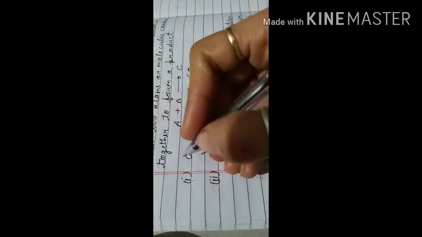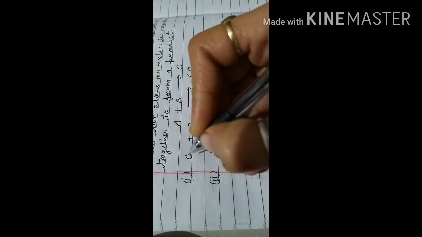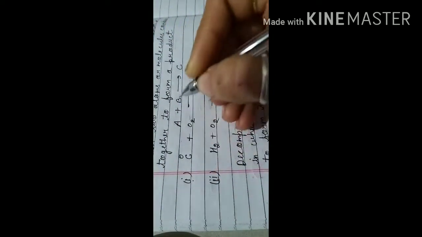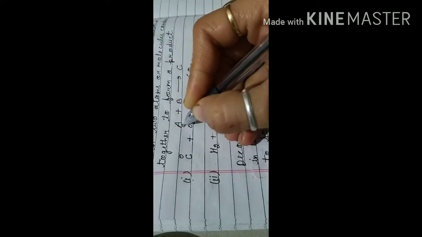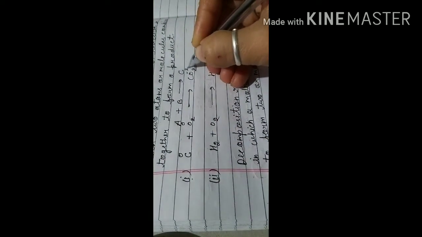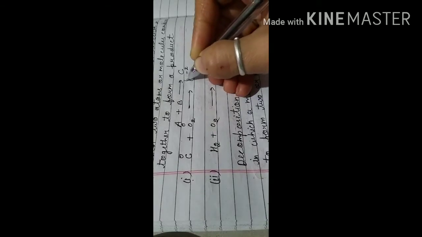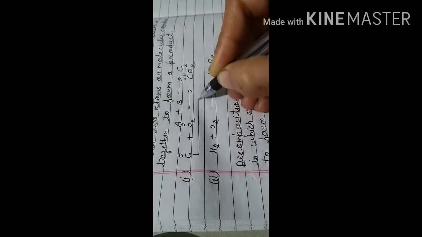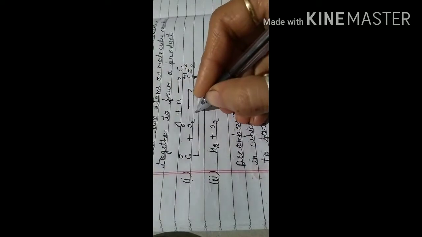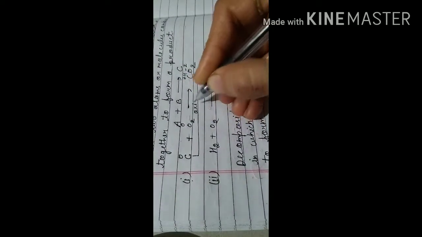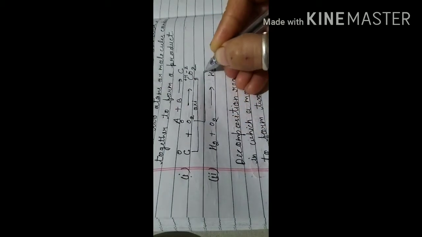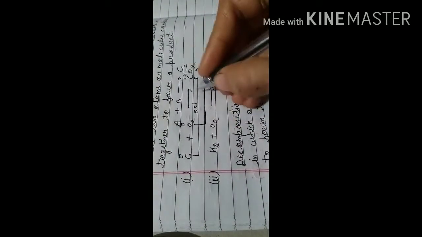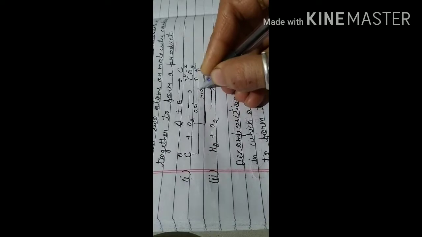Here we will put their oxidation numbers. An element alone has oxidation number 0, so O2 is 0, and in CO2 oxygen will be -2 and carbon will be +4. So carbon is oxidized here, and oxygen is reduced from 0 to -2, so reduction is taking place.